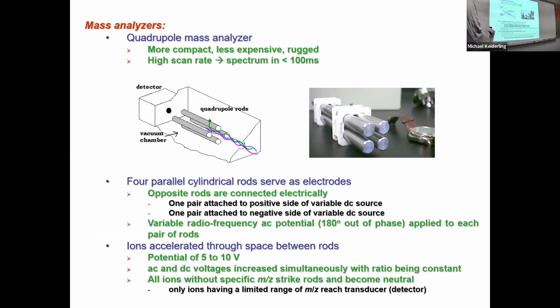And here's a quadrupole analyzer that's more compact, less expensive, and rugged and rapidly scans. It uses alternating electric fields on these poles to basically create filters.